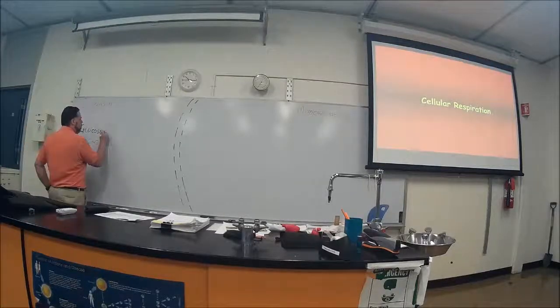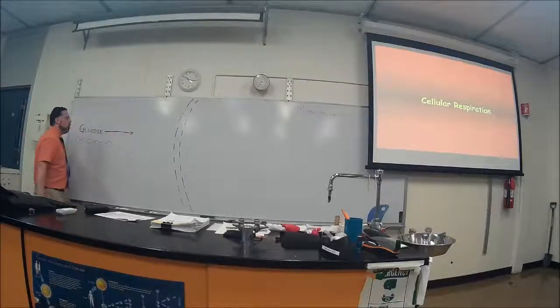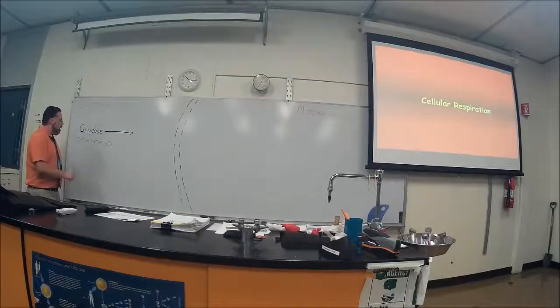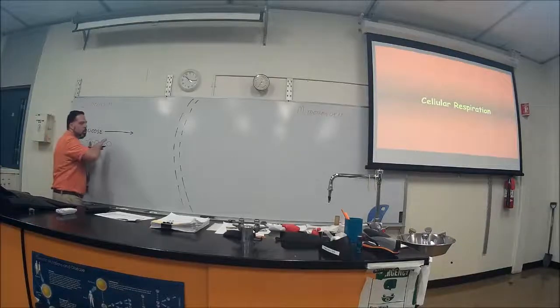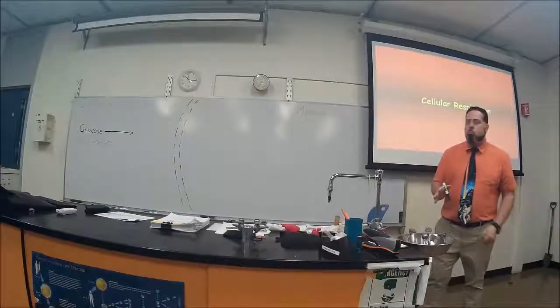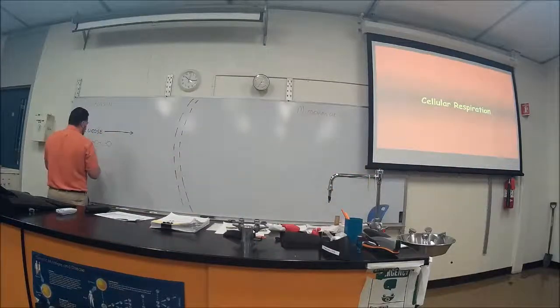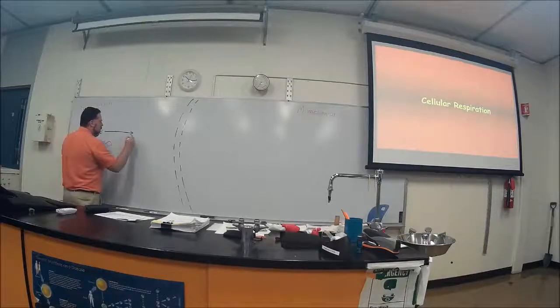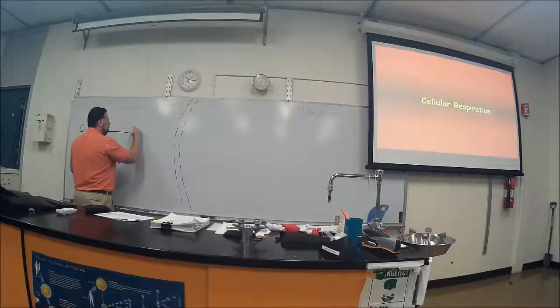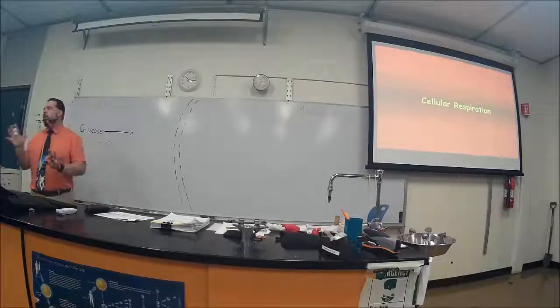This is going to go through a number of steps, and this is just too big to get into the mitochondria. So we have to make them smaller. So we're going to make something called pyruvate or pyruvic acid. For your purposes, they mean the same thing.